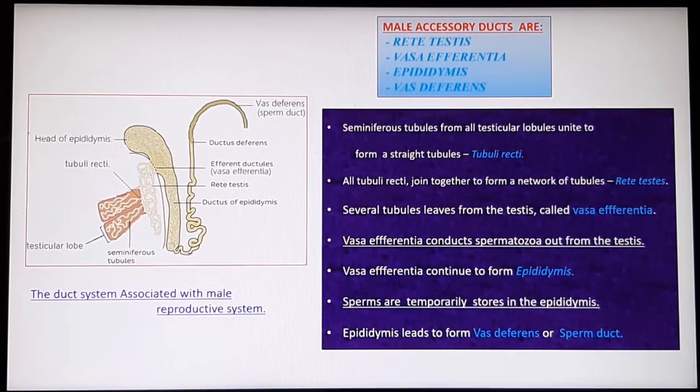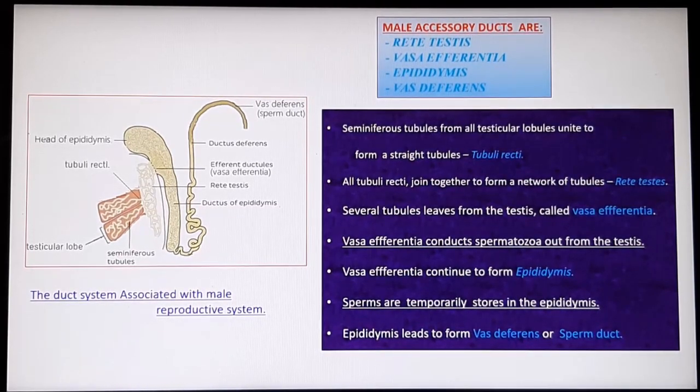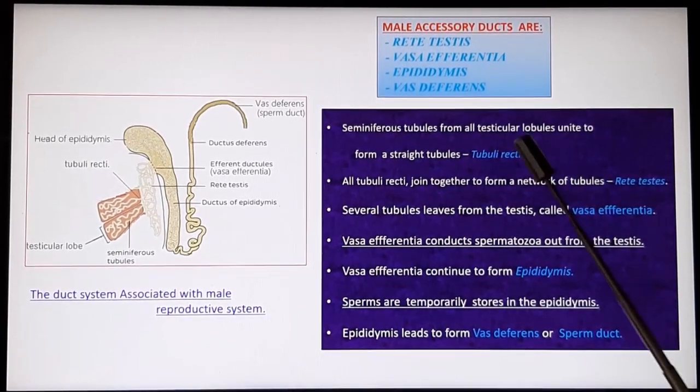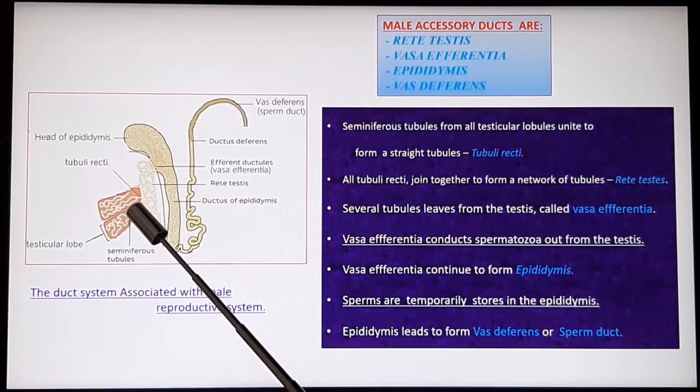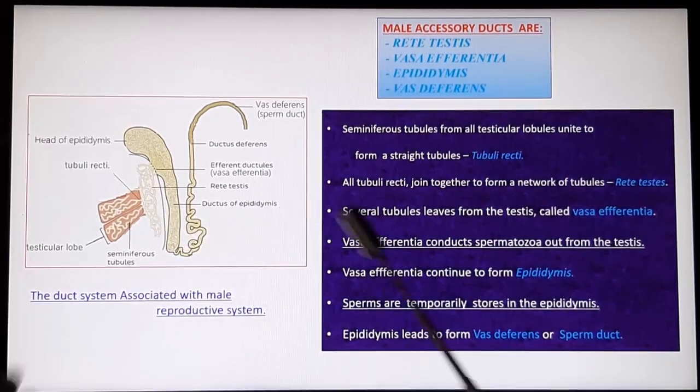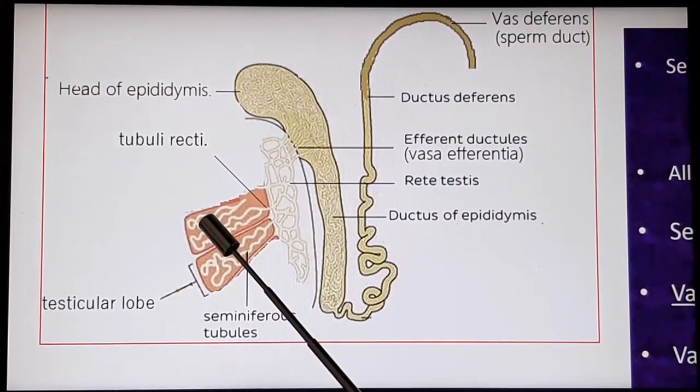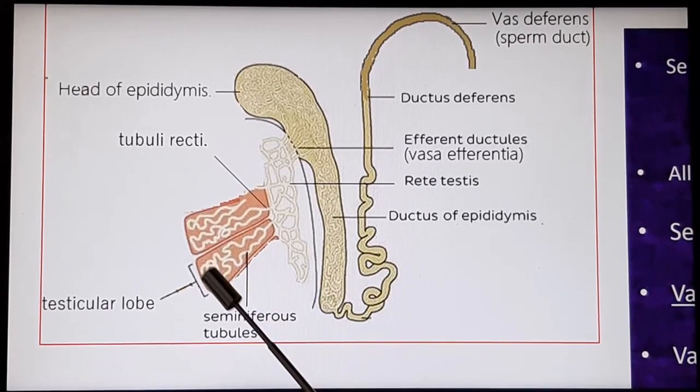All these seminiferous tubules from the testicular lobules unite to form a straight tubule, which is known as the tubuli recti. In the diagrammatic sketch, you can see two testicular lobules are always shown here.